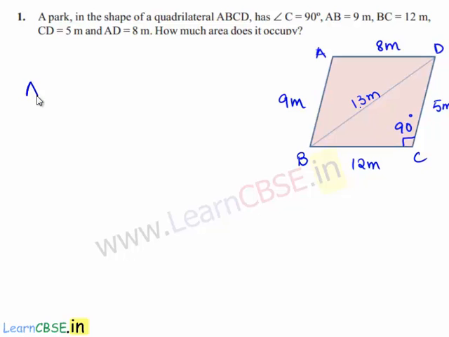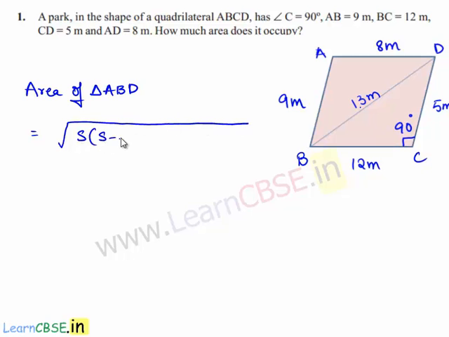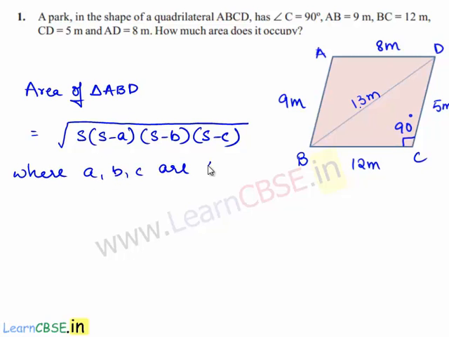So area of the triangle ABD is given by square root of S times S minus A times S minus B times S minus C, where A, B, C are the sides of the triangle and S is equal to the semi-perimeter, that is A plus B plus C divided by 2.